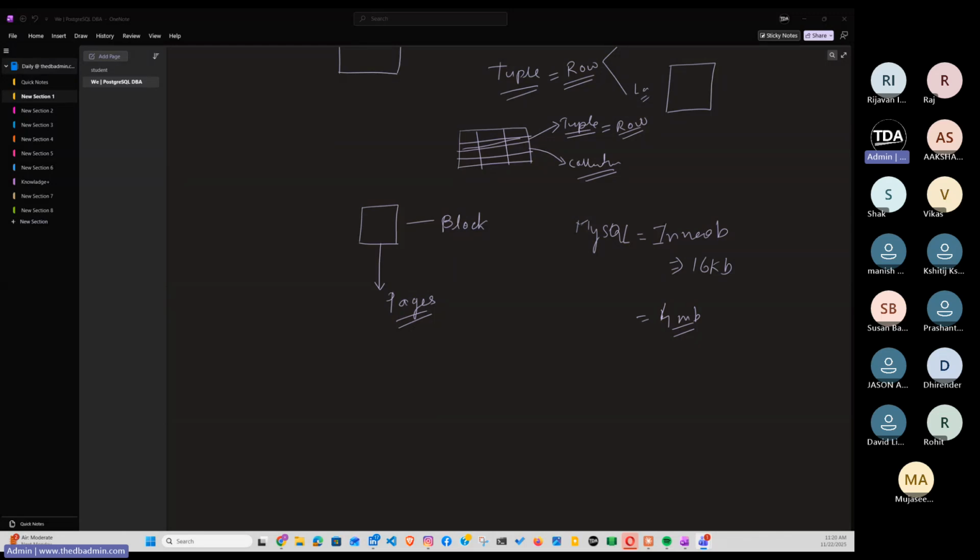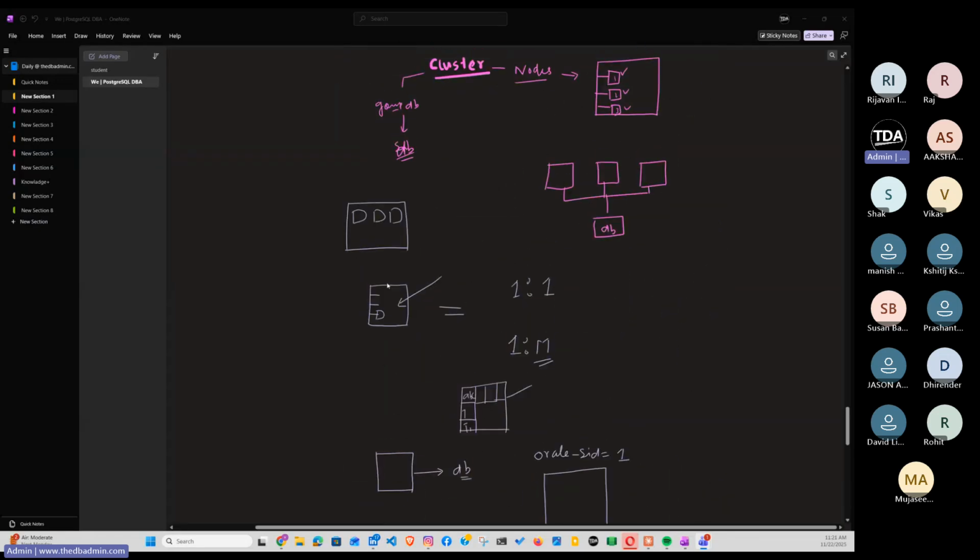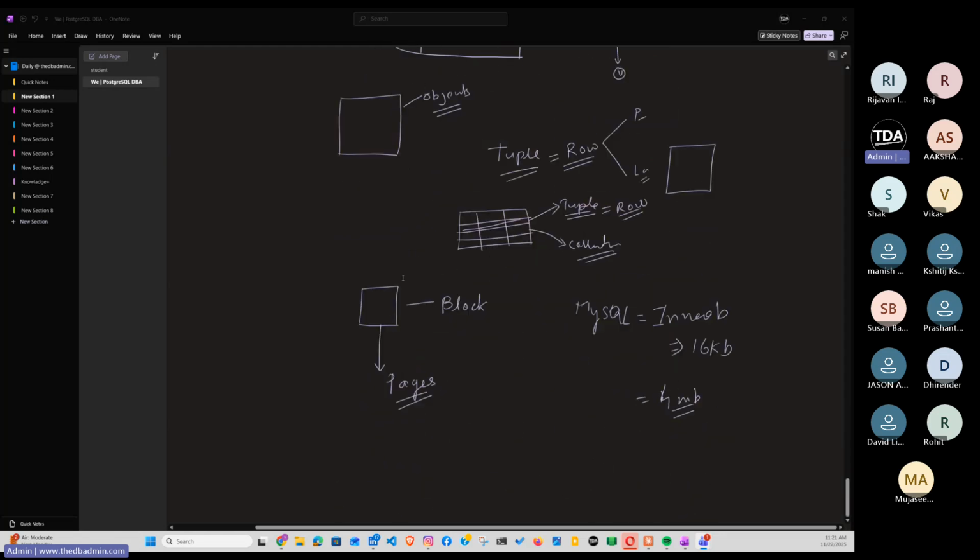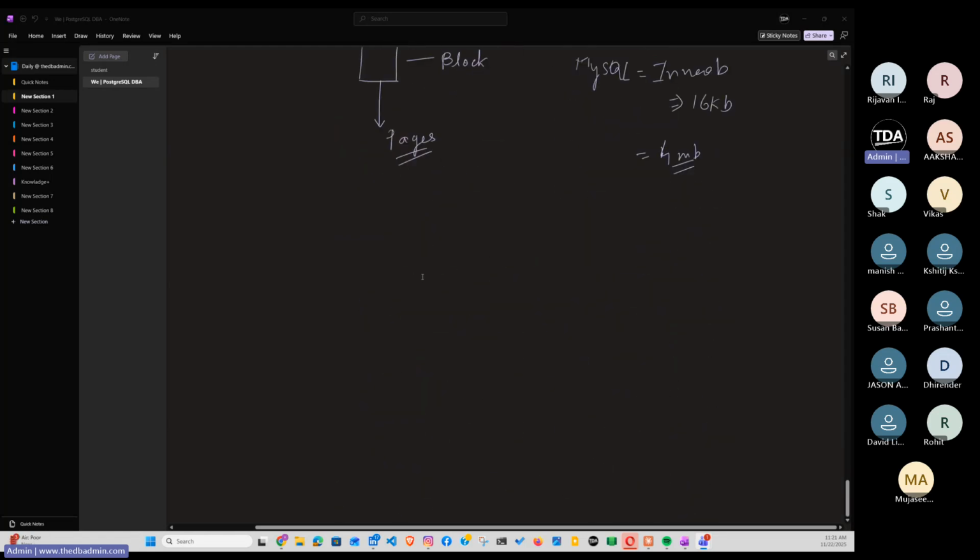Even if it is Redis, Yugabyte, or any modern databases like TiDB or ClickHouse, because I work on ClickHouse and TiDB also. Everything remains the same. If you know these basic concepts, you can understand any database which is available in the market.